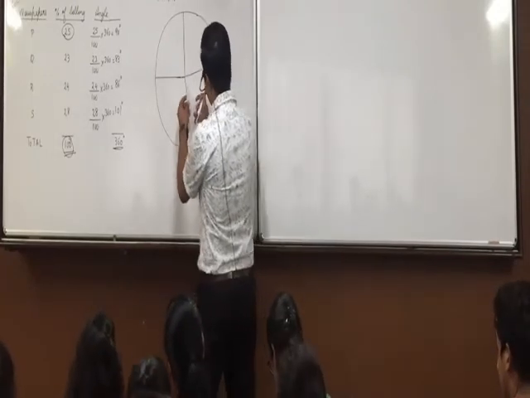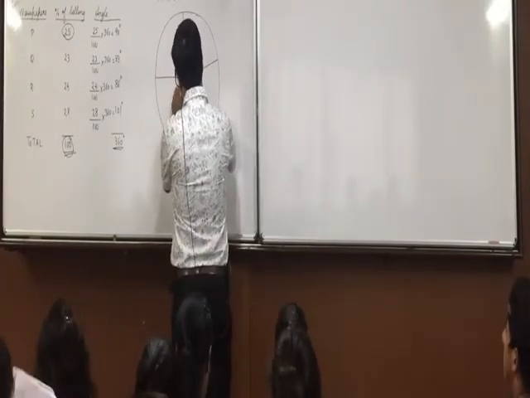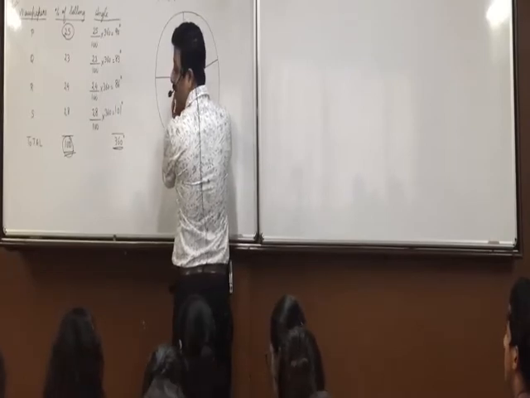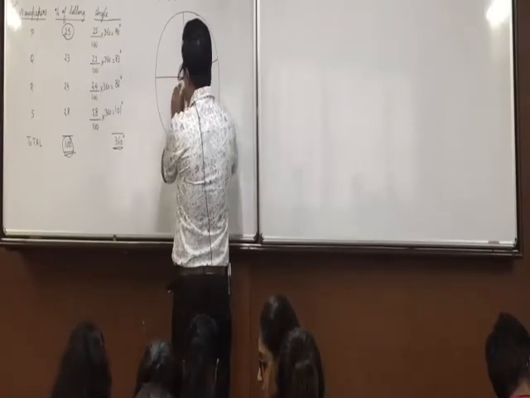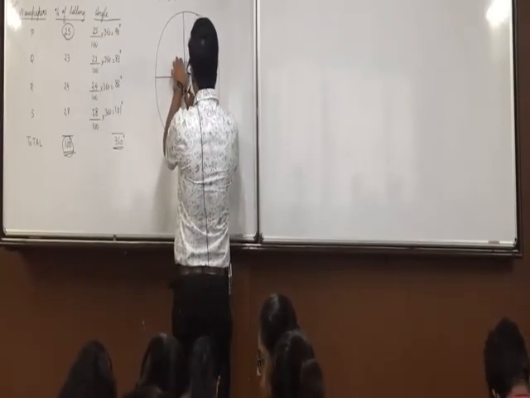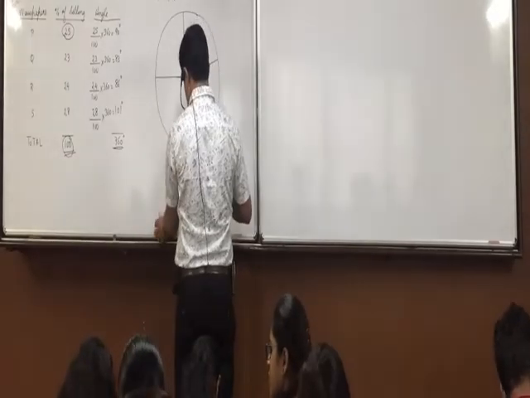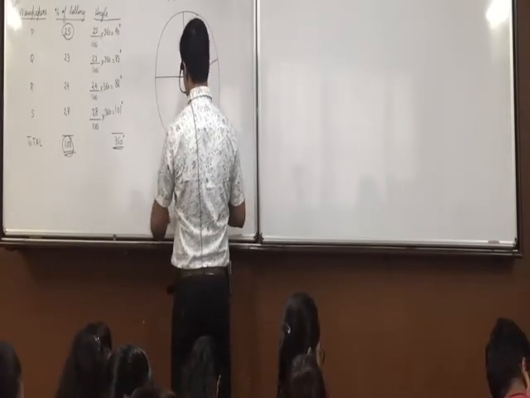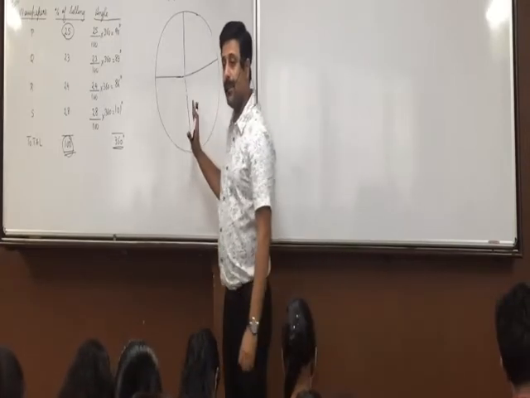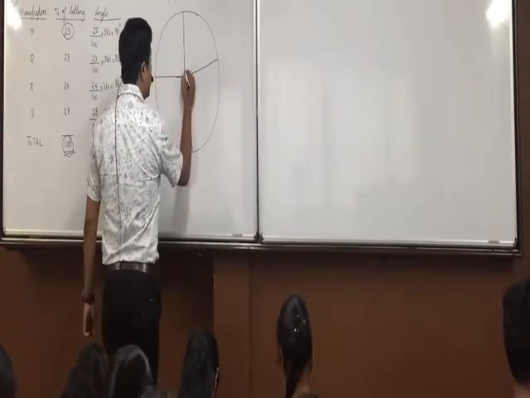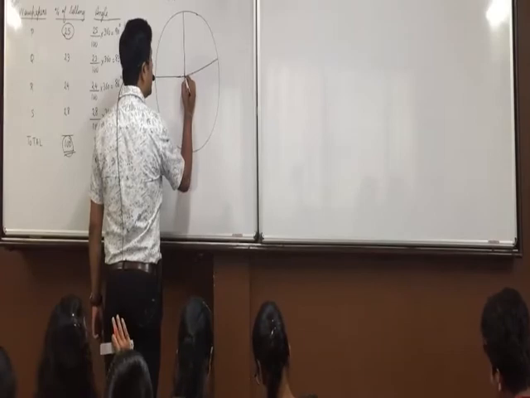Keep your protractor here and check whether the radius line comes at 101 degrees or not. Are you all clear with this? Raise your hand who did not understand how to make this angle diagram.